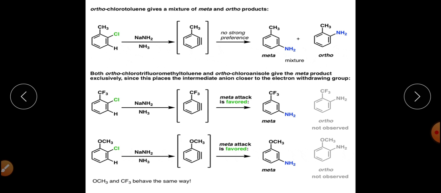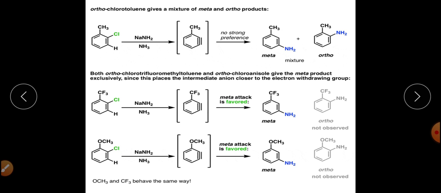So when we talk about the direction of formation of benzyne, as well as the formation of the major product, we can see what kind of benzyne can be synthesized, and from that benzyne what kind of product can be synthesized.